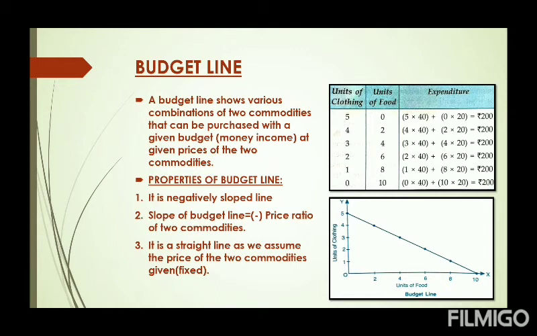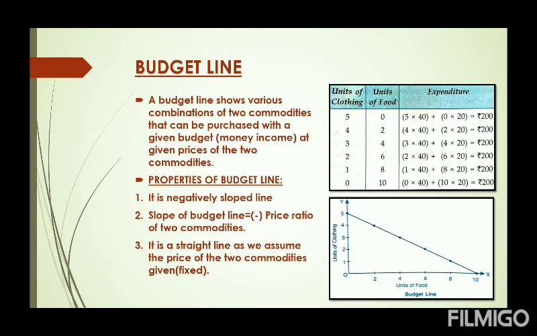The budget line is also downward sloping, because in order to purchase more of good X, the consumer must purchase less of good Y, because the total amount of money which he can spend is fixed. He can spend 200 rupees on more units of food only when he decreases the consumption of clothing, which you can see from the table as well.